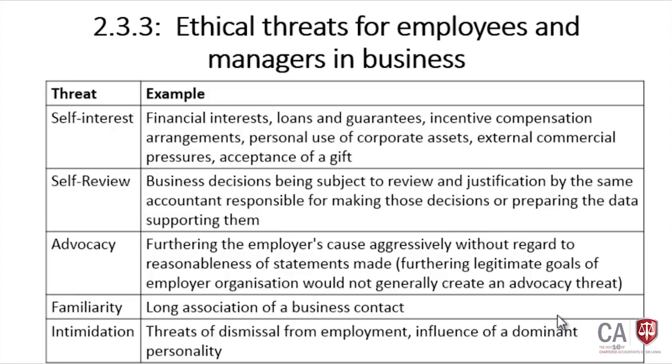For example, suppose you have some shares, some stake in a particular company, that is a financial interest. Or you have taken a loan from them, or you want to get a loan from the organization where you are doing the audit. These are some of the self-interests that conflict with you.